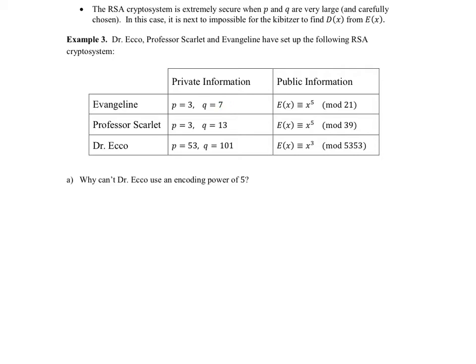Now, I've picked small numbers here so that we can just see what's going on. In reality, you'd never pick 21. That's way too small. But we can see that the secret numbers are 3 and 7 that build you 21, or 3 and 13 to build you 39. And really the only way that you know 21 factors into 3 and 7 is probably by dealing with these numbers throughout your whole life, some kind of recognition by memory.